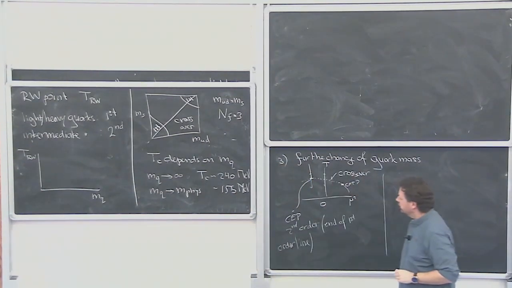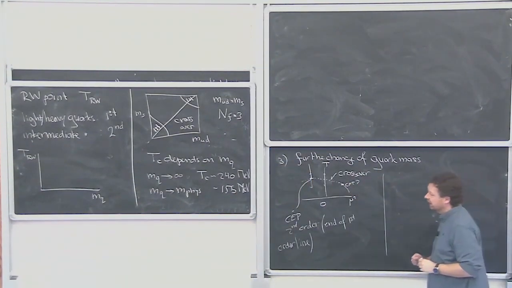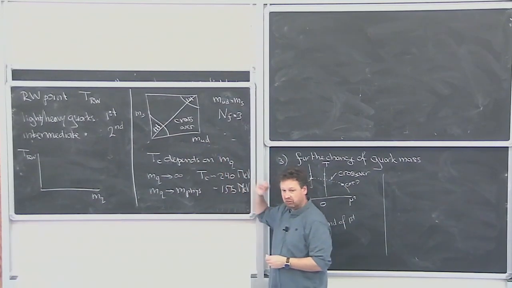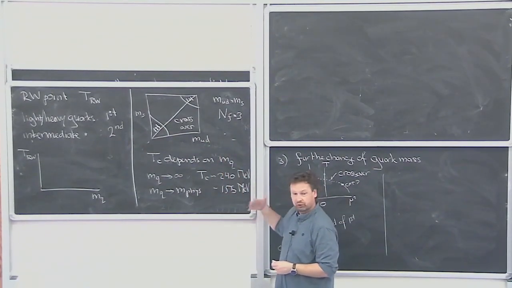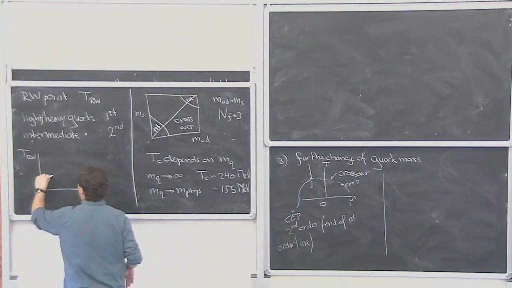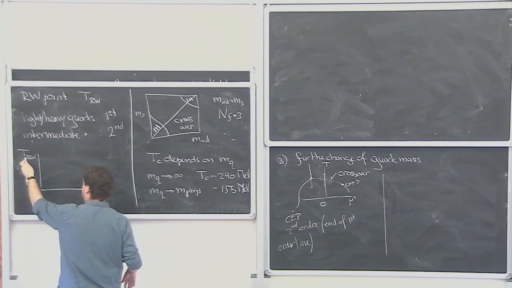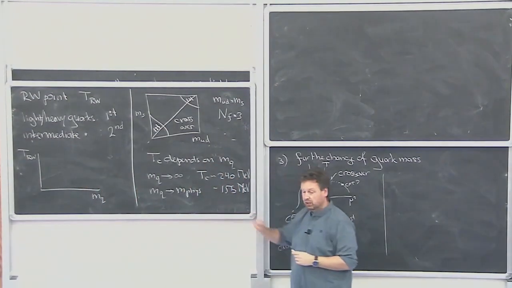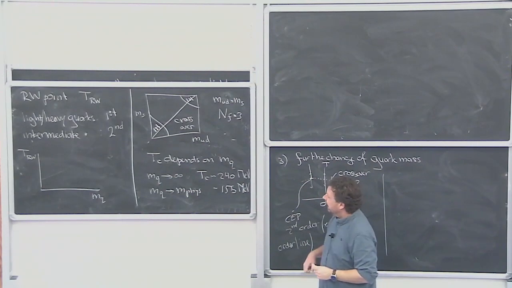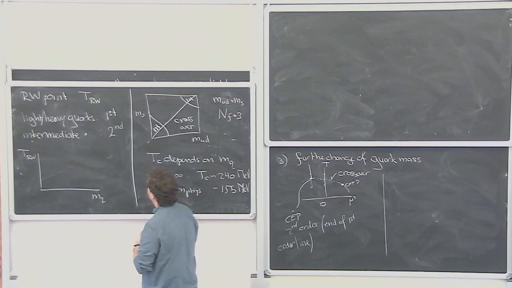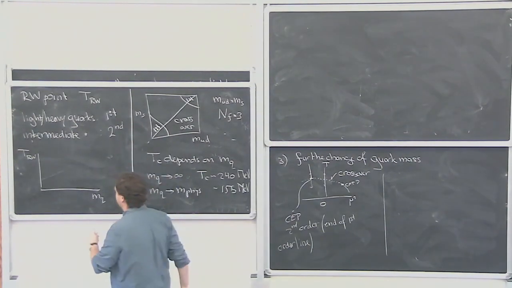So in other words, the critical temperature goes down when the quarks get lighter, and in the same way, the temperature where the Roberge-Weiss point sits is high for heavy quarks and lower for light quarks. And then I can implement this information here, namely that for very light quarks or very heavy quarks, it's a first order transition.